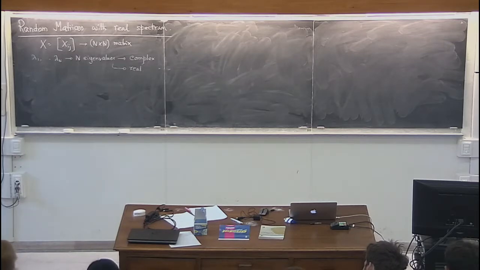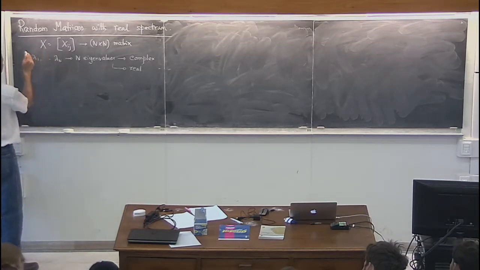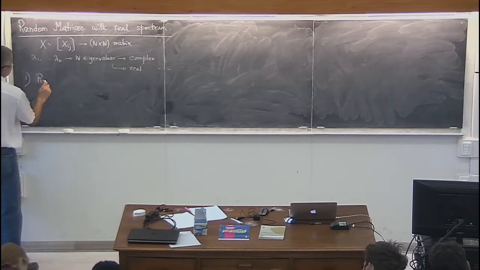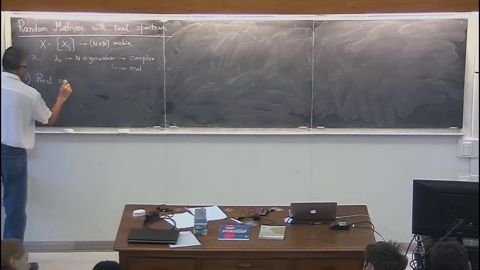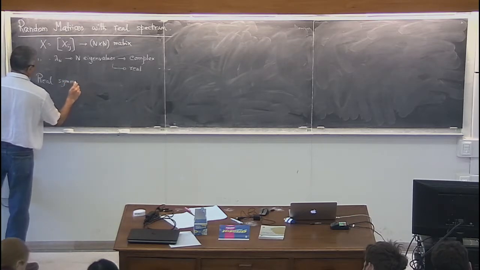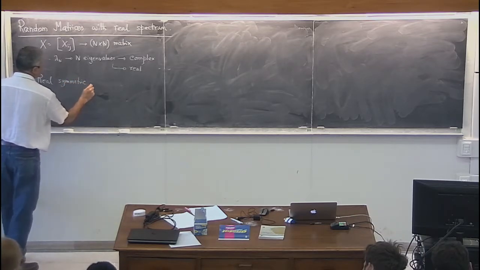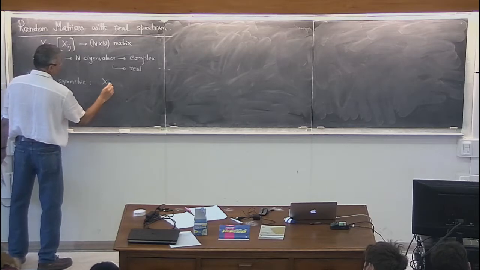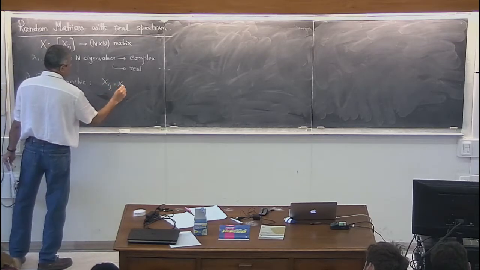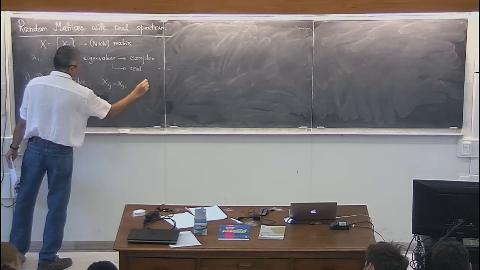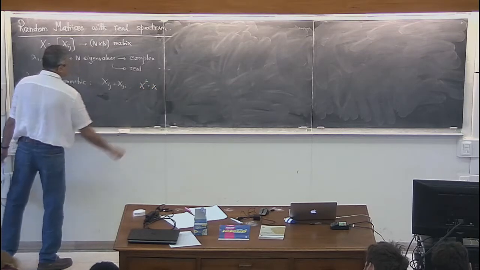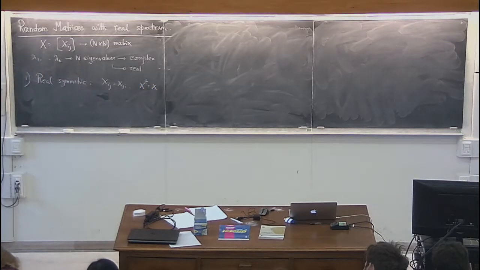And there are three types of matrices which have real eigenvalues. These are called Dyson's threefold way. All of you know that a real symmetric matrix, which means that Xij equals Xji, or X transpose is X, has real eigenvalues.